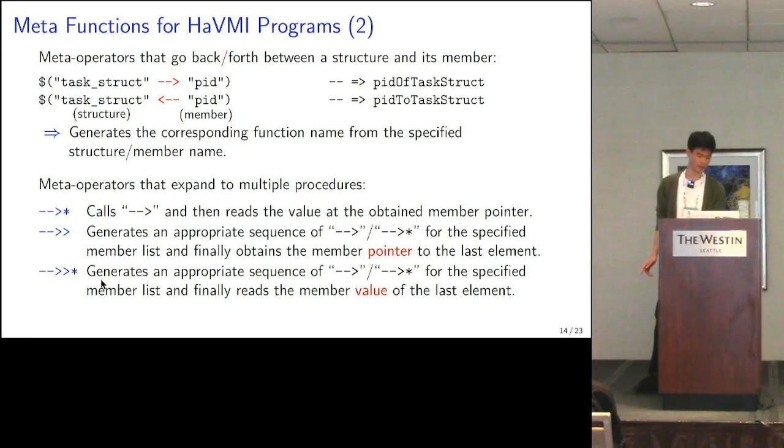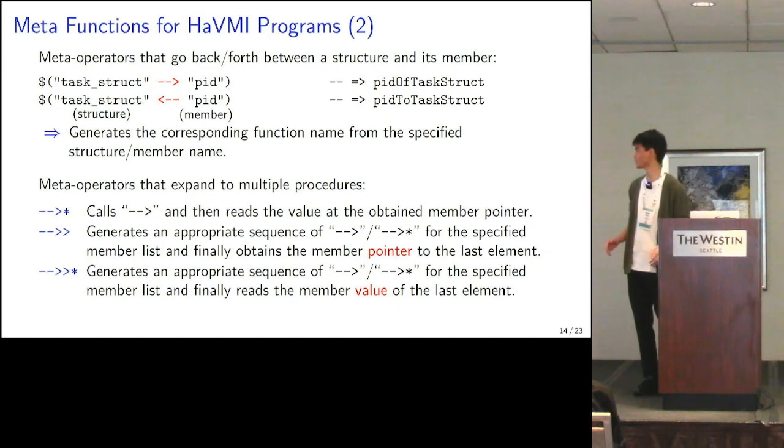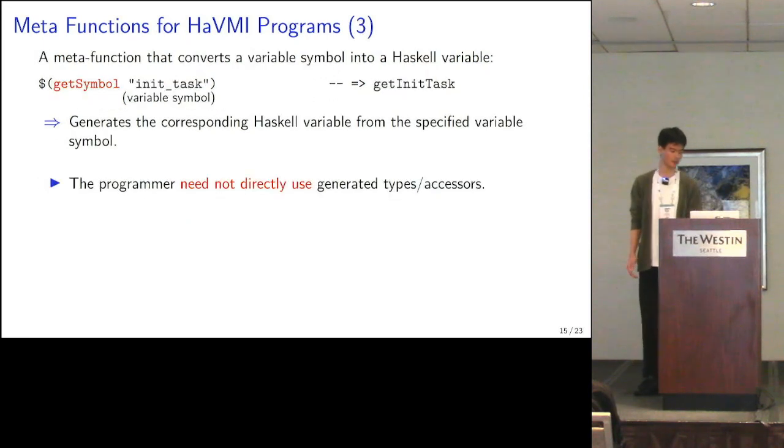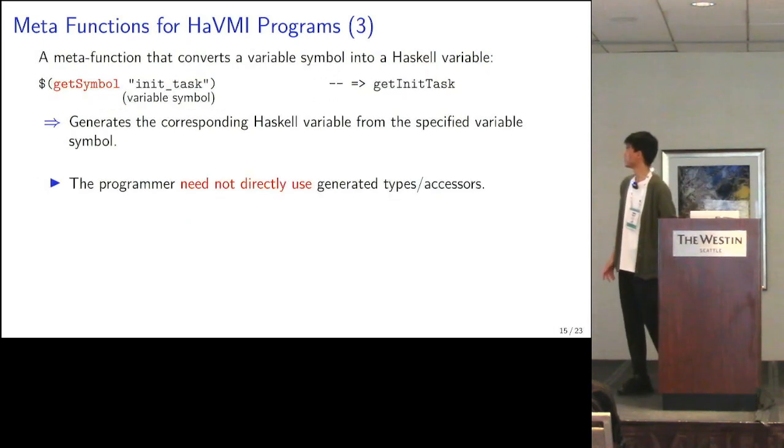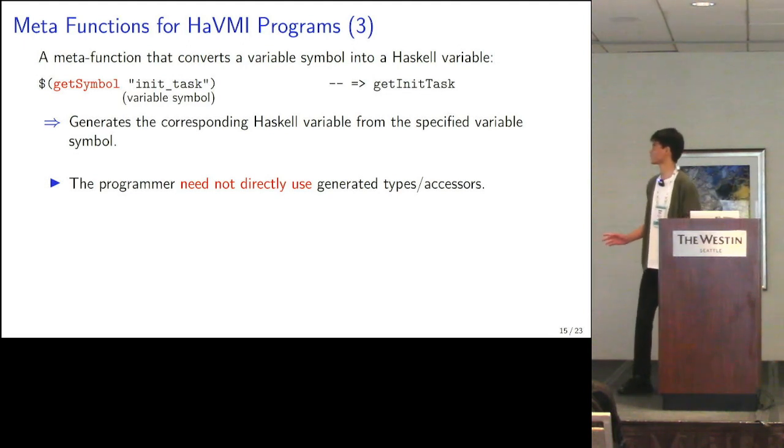Lastly, the double star arrow operator resembles the double arrow operator, but it finally obtains the member value of the last member. In the last, HaVMI provides a meta function that converts a variable symbol name into a Haskell variable.